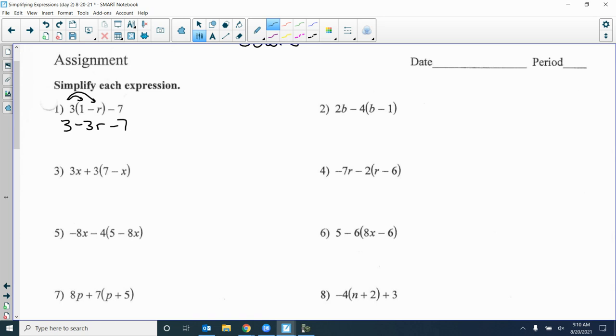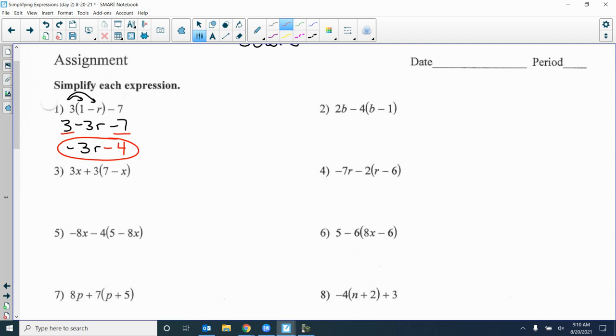You only have one term with a variable, which is the negative 3r, so it will go first. So I'm going to have negative 3r. I've got 3 and negative 7. Can anybody tell me what those combine to give me? Negative 4. That negative becomes my sign, it's my minus 4. So negative 3r minus 4. Go ahead and box it, or circle your final answer, just so that we're all on the same page.